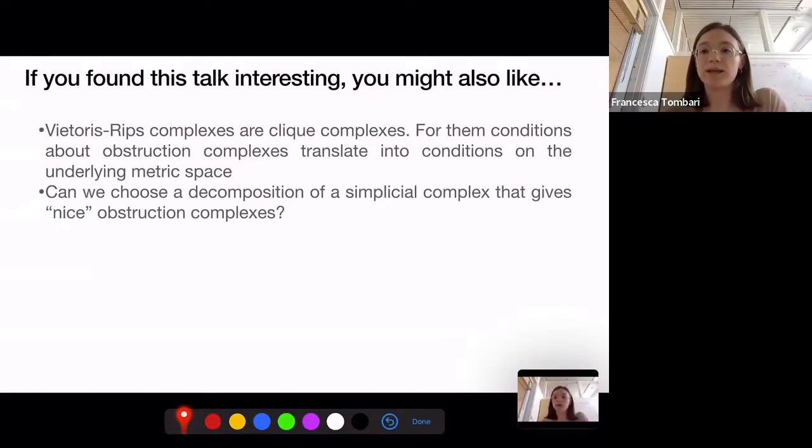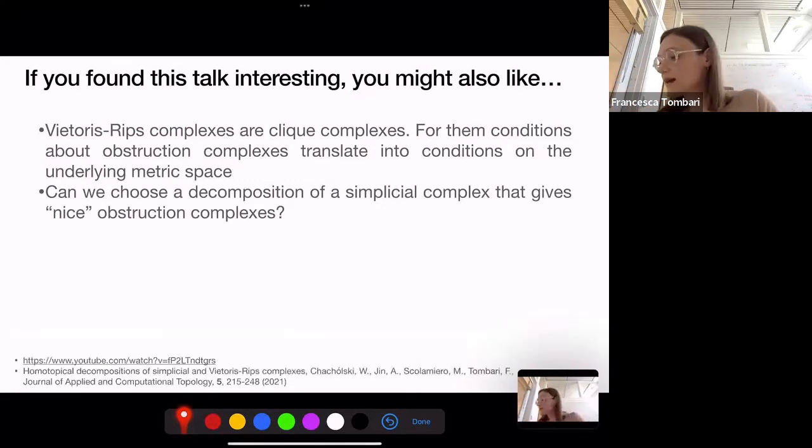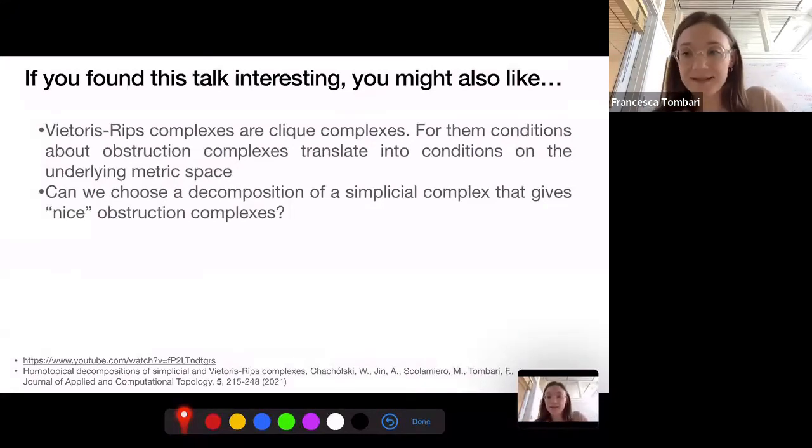So we didn't just look at the simplicial complex, but we put some conditions on the underlying metric space in order to obtain, for example, contractibility and connectedness of the obstruction complexes. I've talked about this in the other talk that I gave in the Vietoris-Rips seminar series, so in case you are interested, you might want to check it.